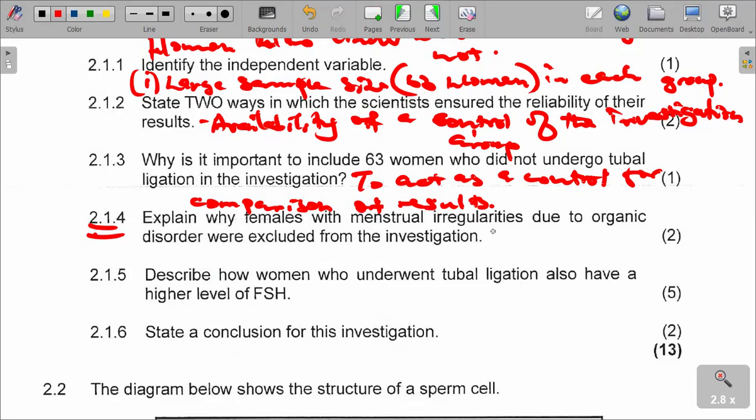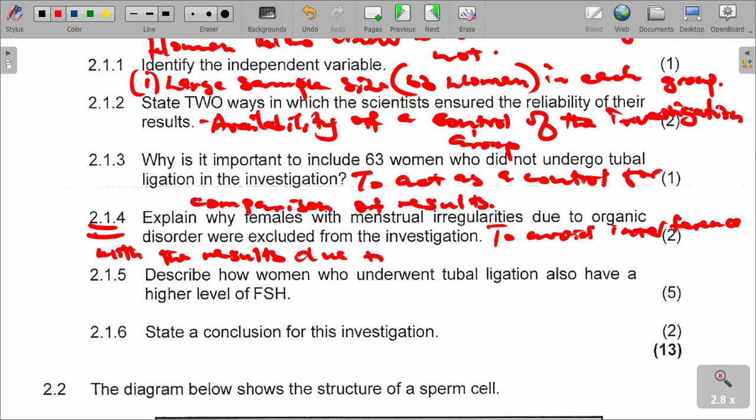To avoid interference with the results due to abnormal levels of follicle stimulating hormone.